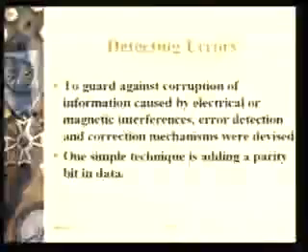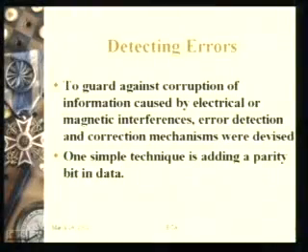What are the other issues in a network? Other issues may be detecting errors. After all, when a signal is being passed from one place to another, there are going to be certain errors. How to detect those errors? To guard against corruption of information caused by electrical or magnetic interference, error detection and correction mechanisms were devised.